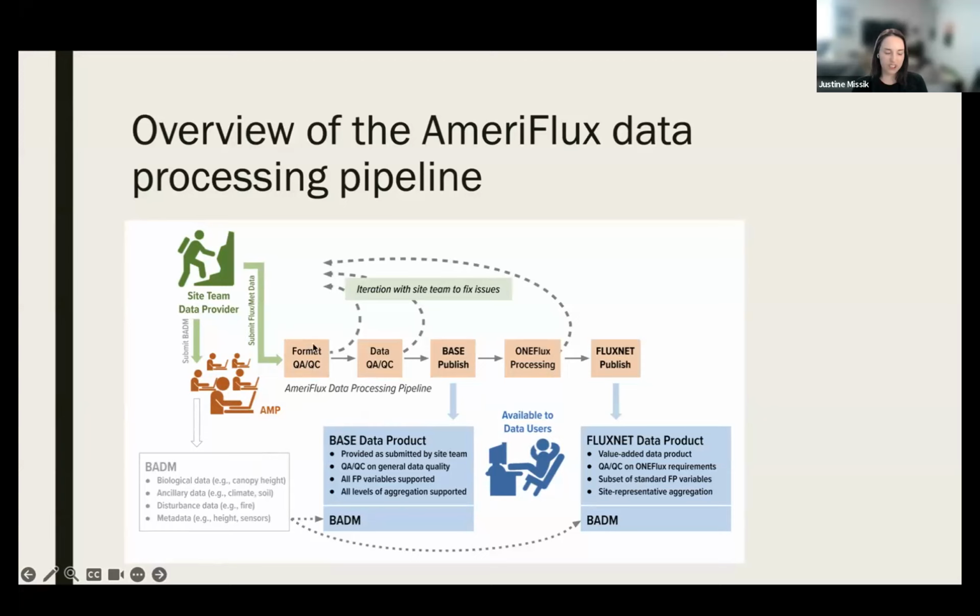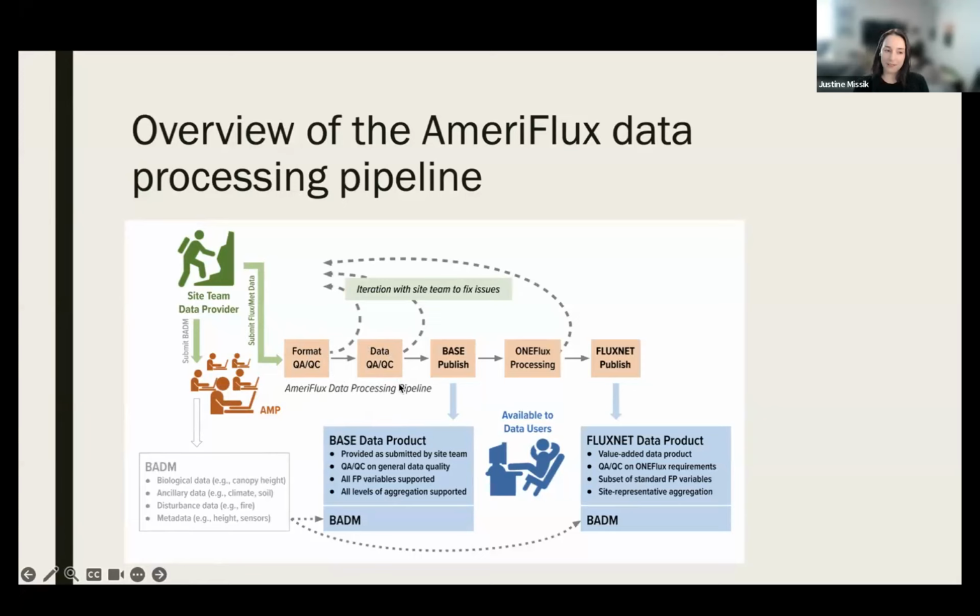So once you submit the data, it starts to go through different QA/QC steps. So it's going to check different things about the data format and stuff. And then it's also going to check more detailed things about the data itself.